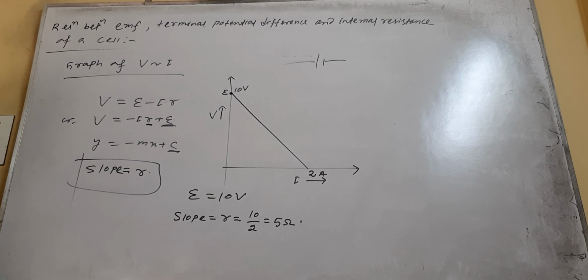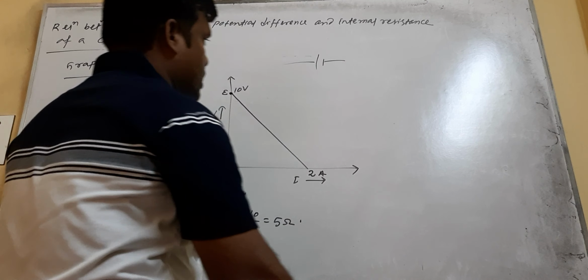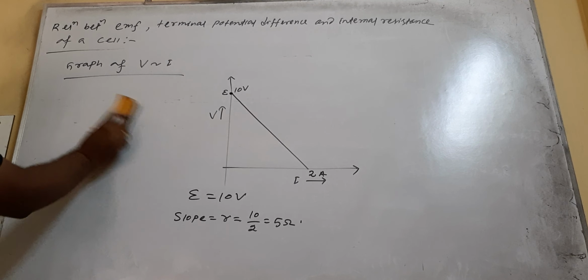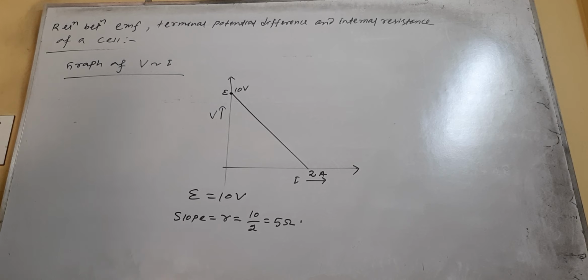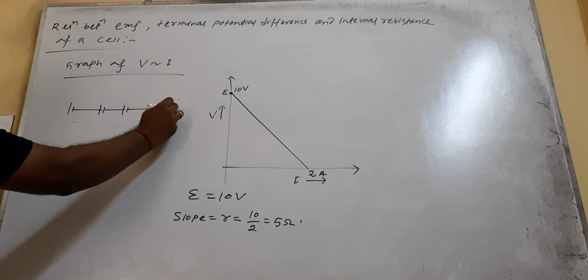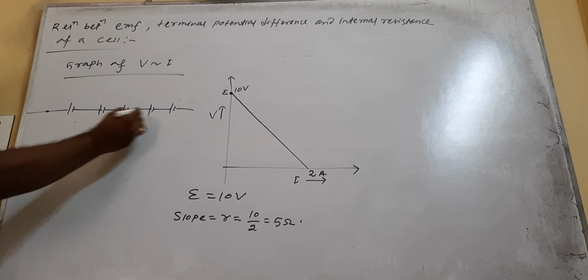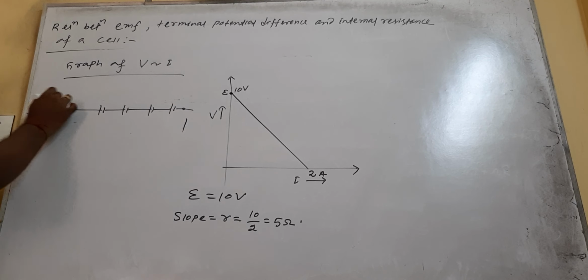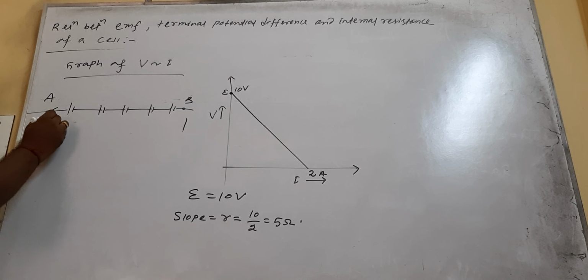Suppose another question is asked. You have 5 cells connected like this, and the graph represents the potential difference across them and the current drawn from them.